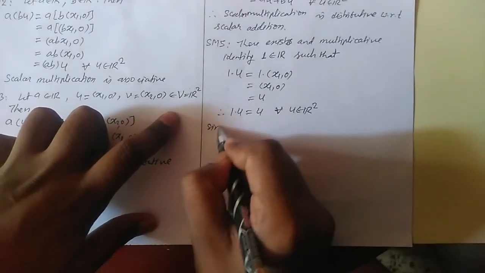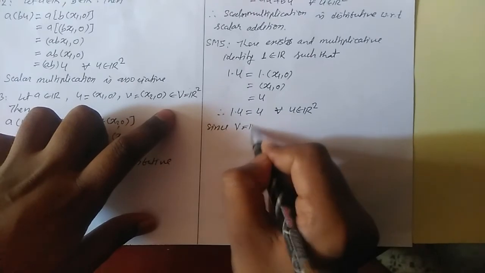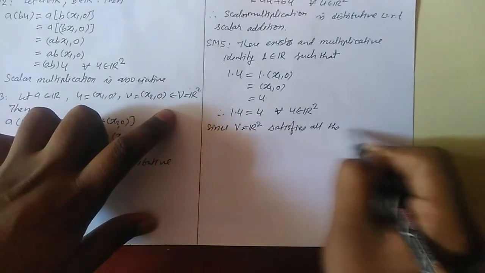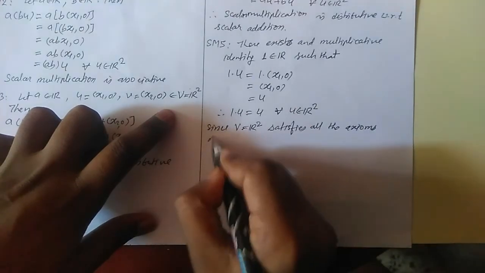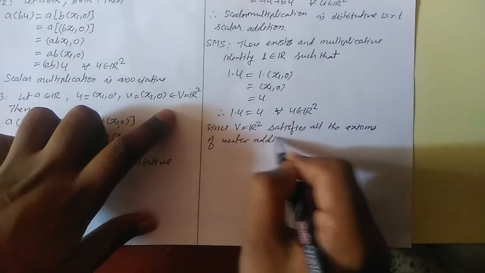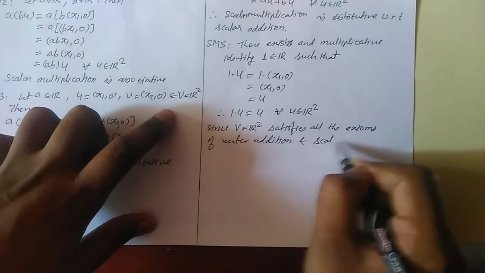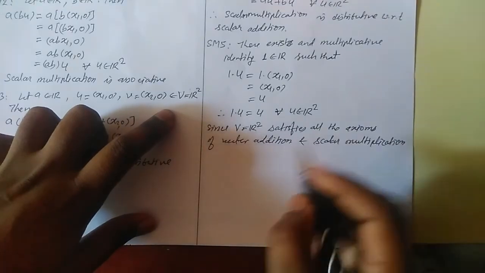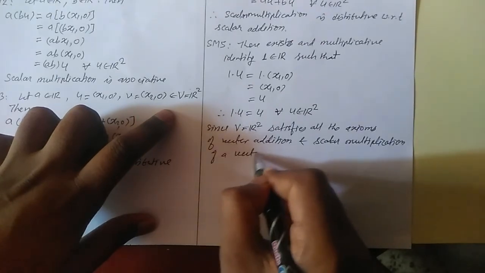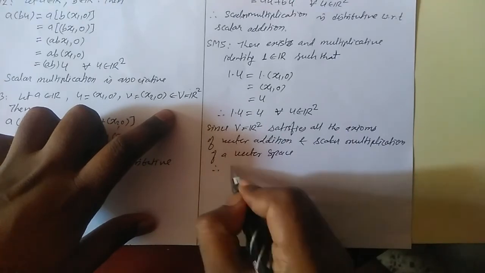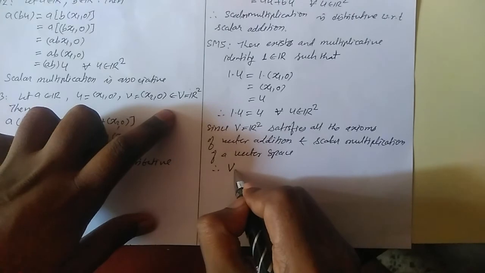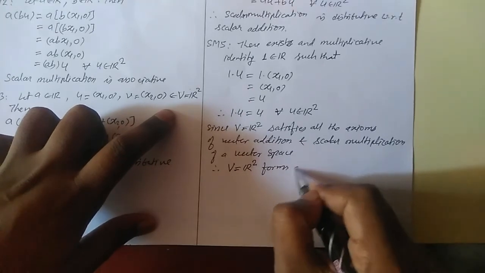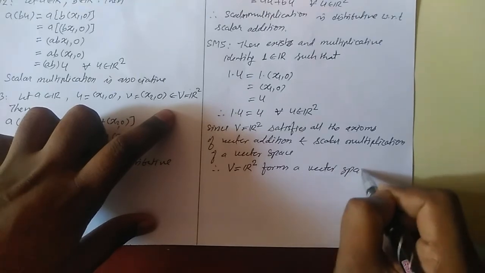So since V = R2 satisfies all the axioms of vector addition and scalar multiplication of a vector space, therefore V = R2 forms a vector space.